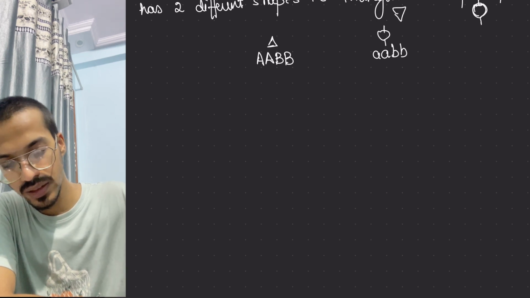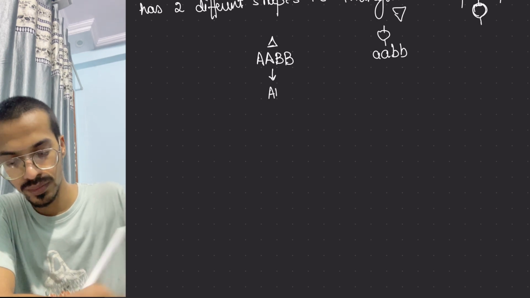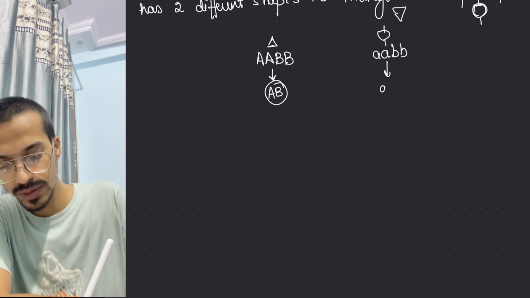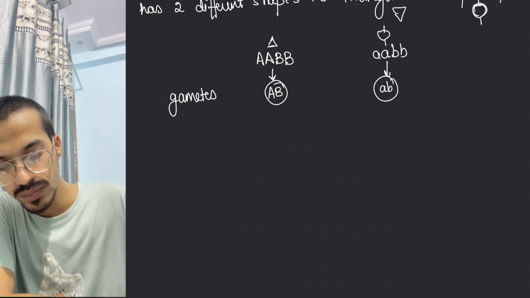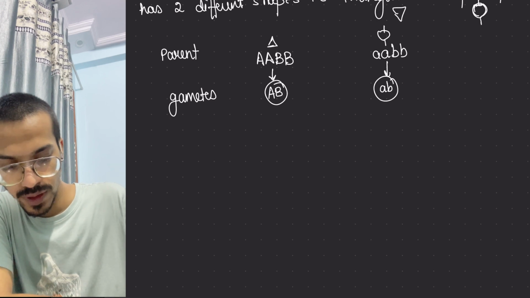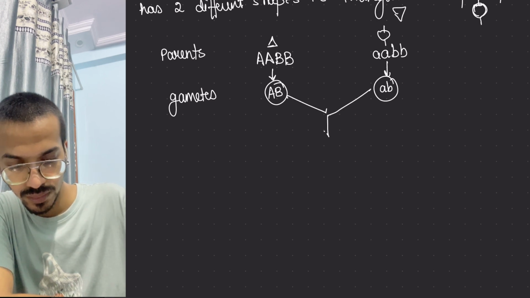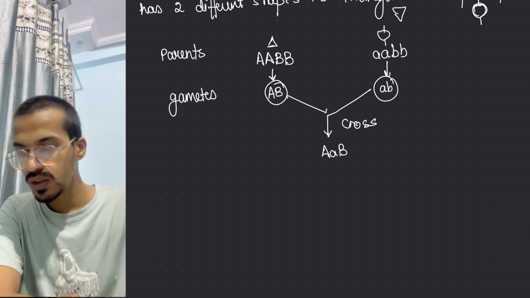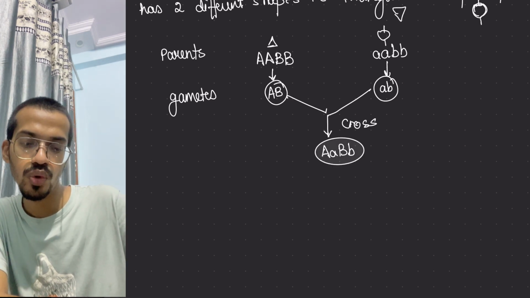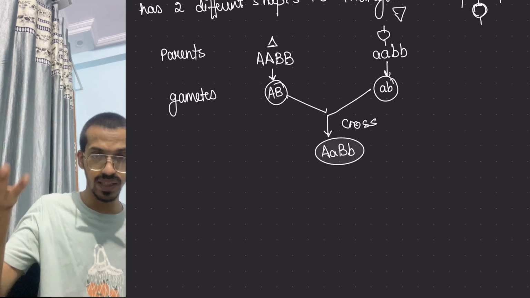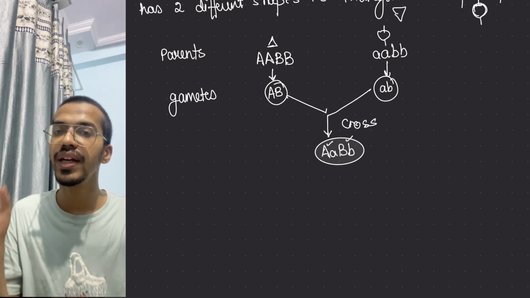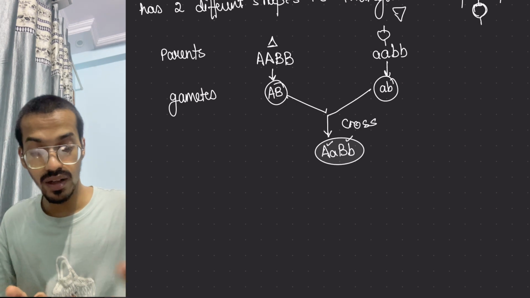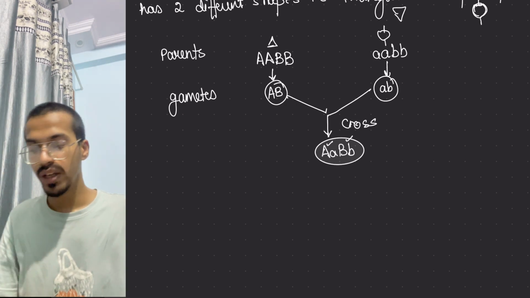These would be the gametes of the parents, and the cross will occur. Since both are present, even a single capital or both being there will show the triangular one, which is the dominant trait.